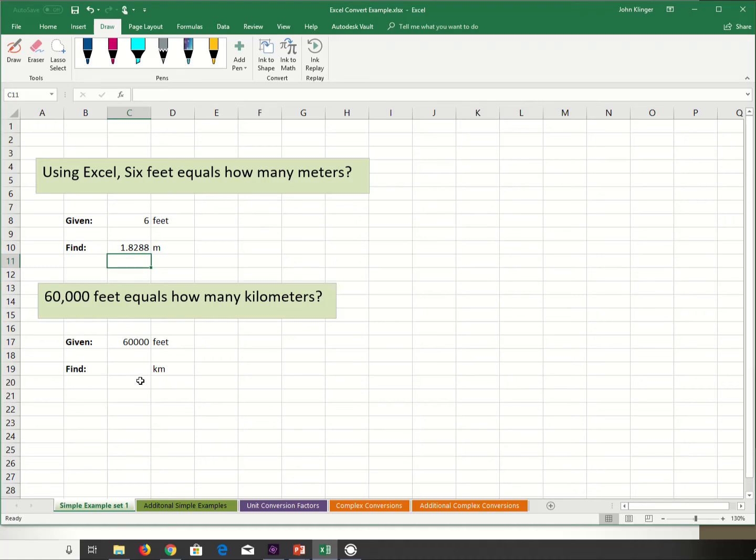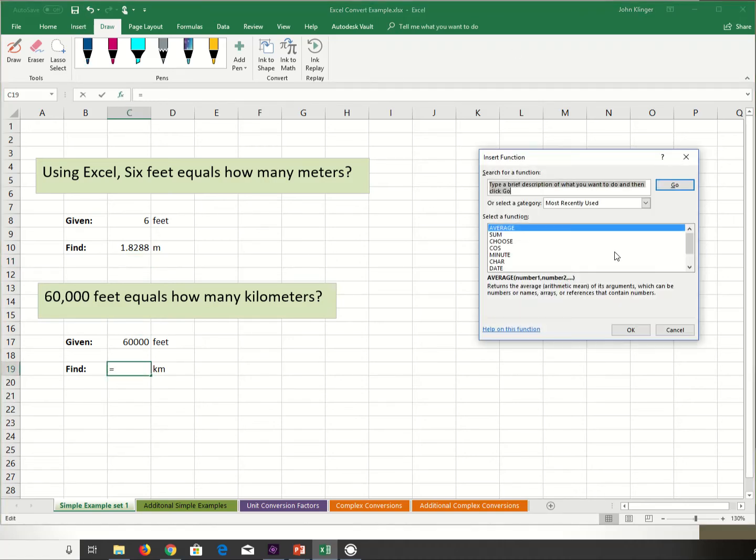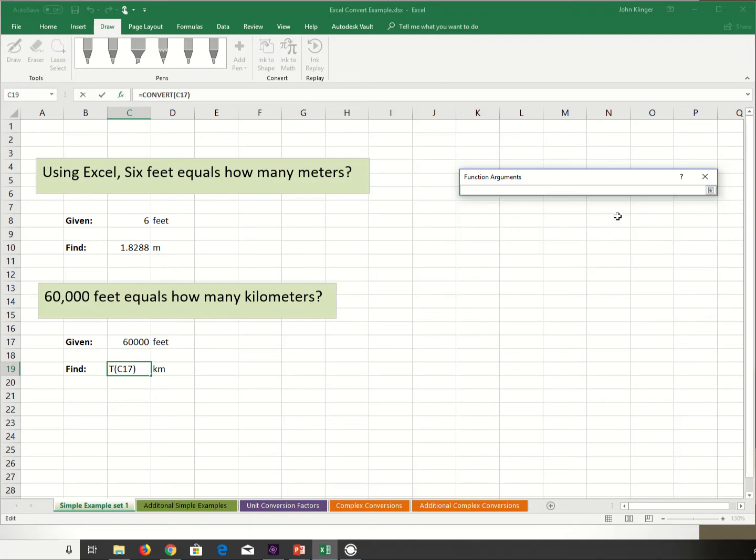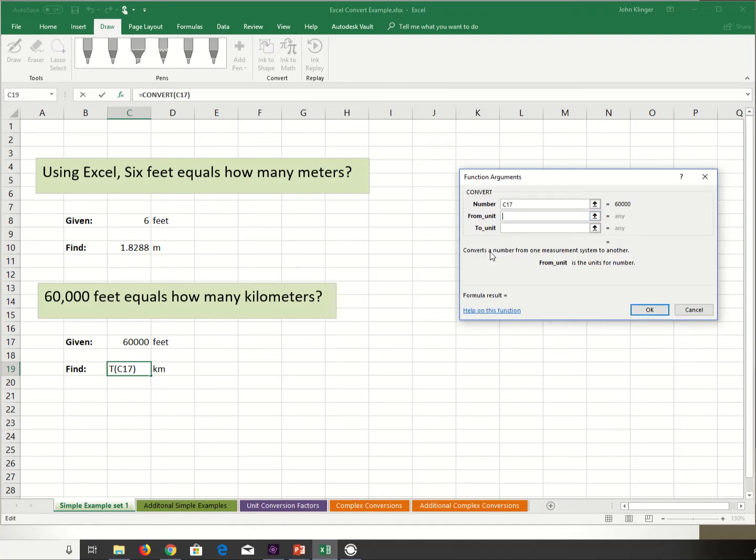And there's my meters. I'm going to do this one using the function key. I'm going to type convert, hit enter, and there's the one I want. It's asking what number I want. I want this cell right here, so it's putting it in for me. Then it asks for my from, and I'm going from feet.